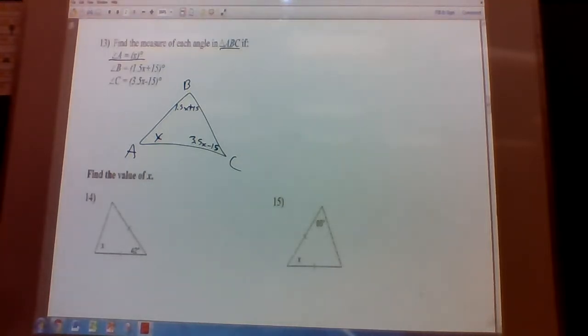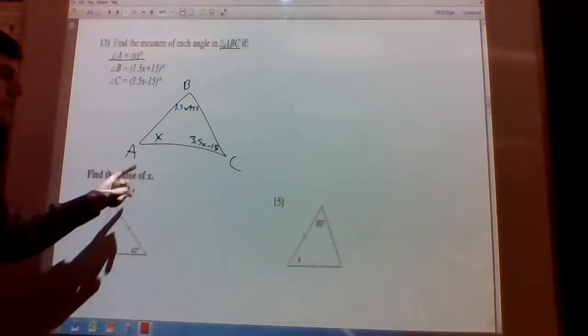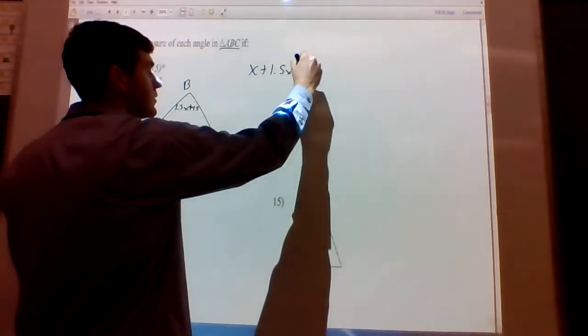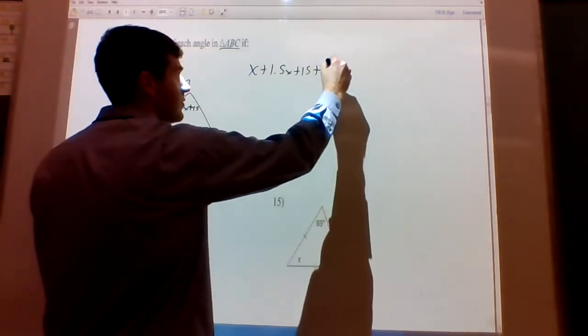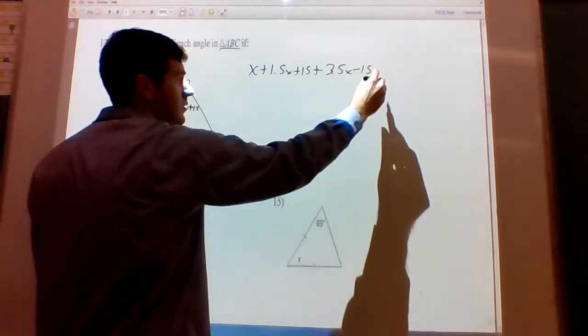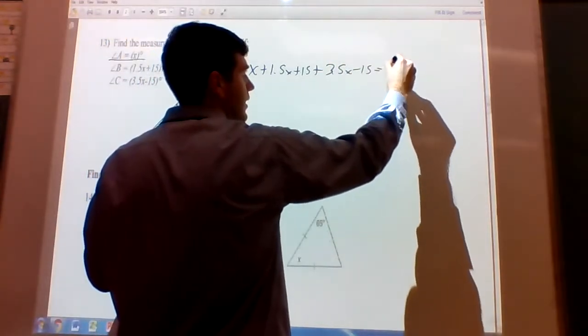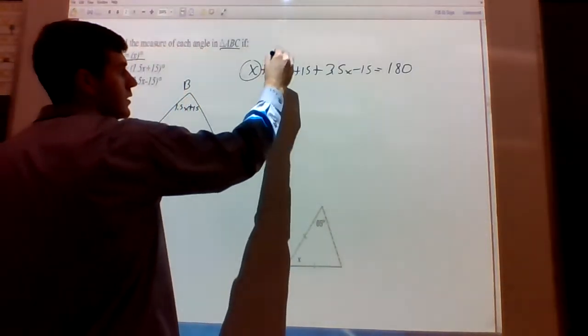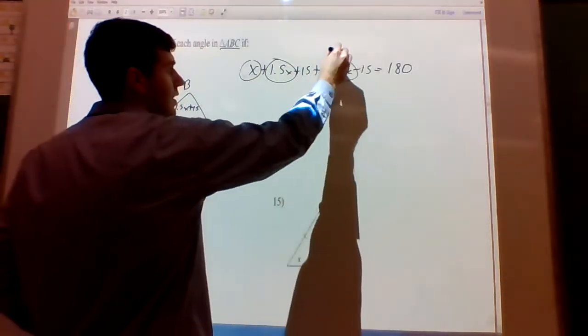We know by the Triangle Sum Theorem that the measure of the three angles of the triangle is going to add up to 180. So x plus 1.5x plus 15 plus 3.5x minus 15 is going to equal 180. Okay, we have x, 1.5x, and 3.5x.